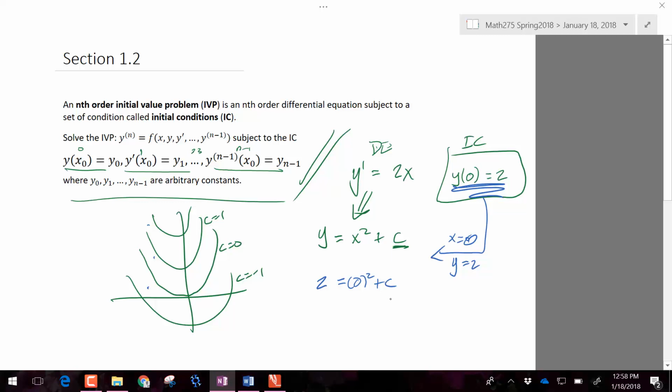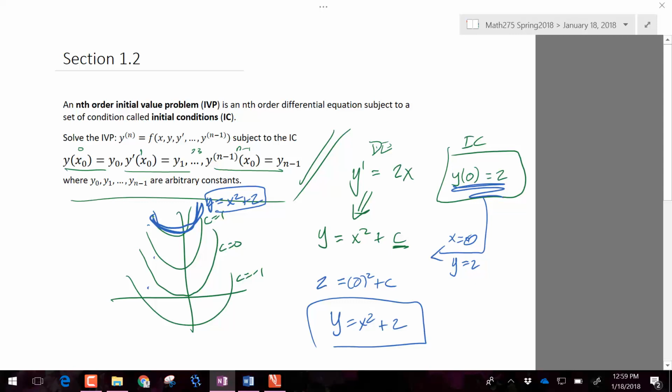So it looks like c is equal to 2. So this is the particular solution you're looking for. So this is an example of an IVP, initial value problem. We have a differential equation, an initial condition, and then with that we should be able to get one solution.